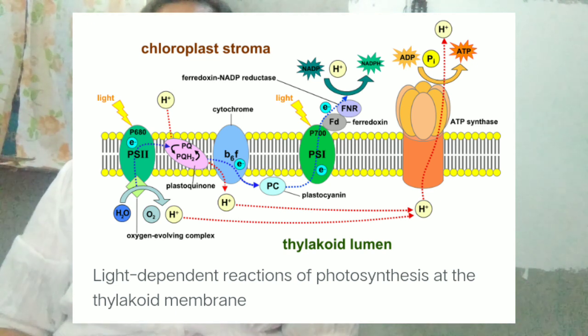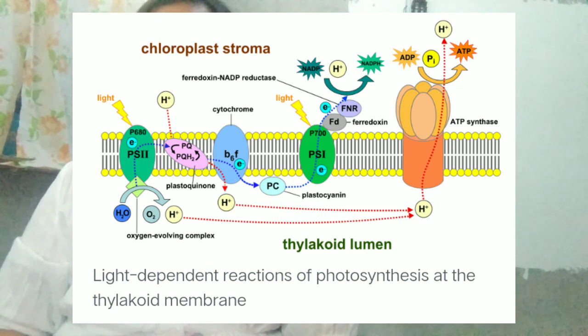Light energy is utilized in both photosystems 1 and 2 present inside the thylakoid membranes of the chloroplast. The carbohydrate molecules are obtained from the carbon dioxide from the use of chemical energy gathered during the reactions.